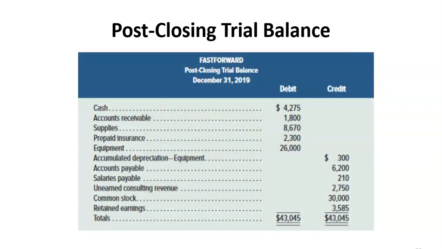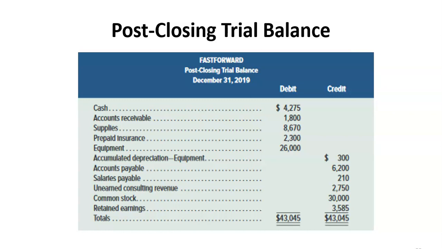So as you can see here, the only accounts listed on this trial balance are balance sheet accounts. Once we have this, then we are ready for the next accounting period to begin, and we would journal transactions. So then we go to the accounting cycle that we talked about in chapter 2, where we have daily transactions that we record in our accounting records.